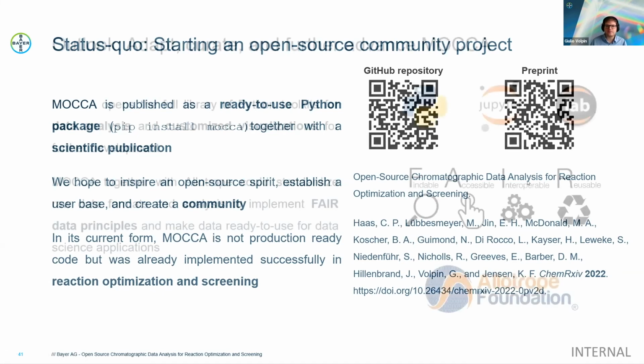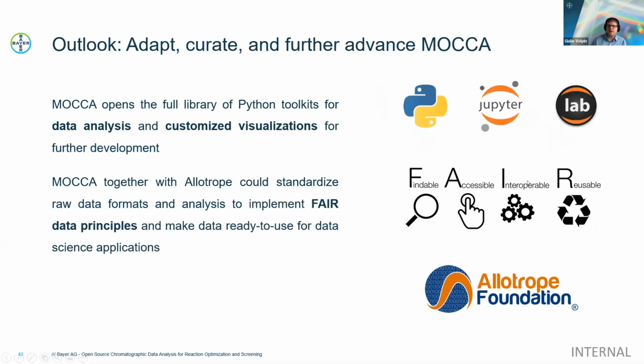So what's next for MOCCA? We are very committed to FAIR data principles. This is why we have from the very start designed the Allotrope as a FAIR data framework for using our HPLC data.